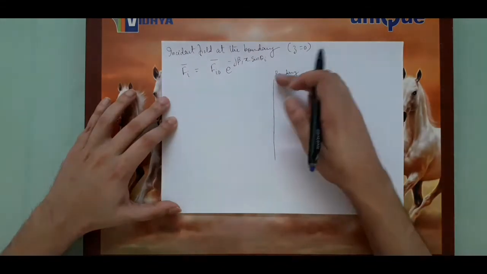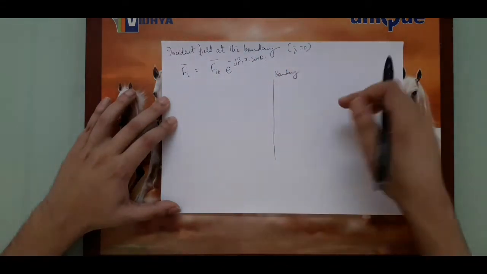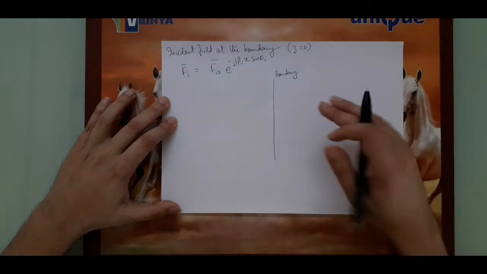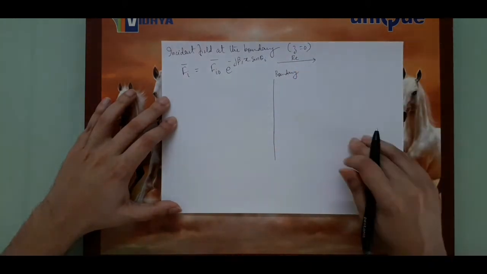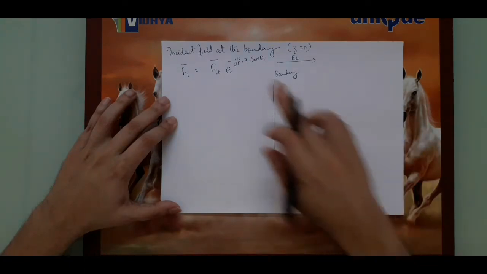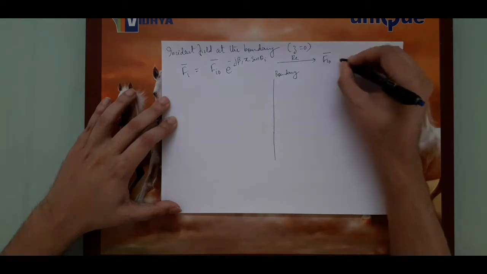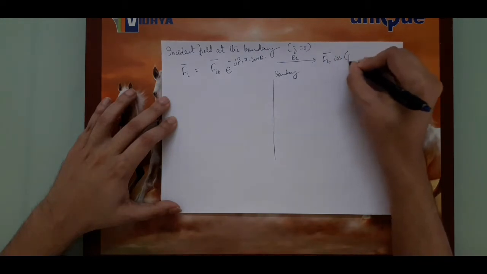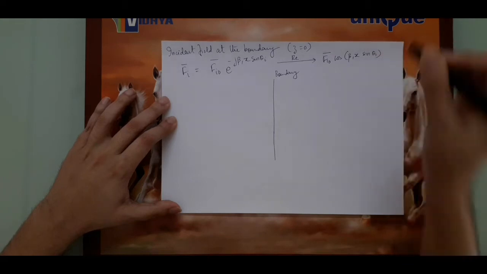If I want to see how the field is varying in magnitude, or how the field is varying with time and position, I can take the real part of this field, and what I will get is this vector times cos(beta 1 x sin theta I).